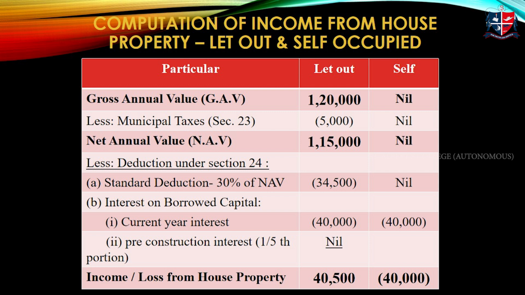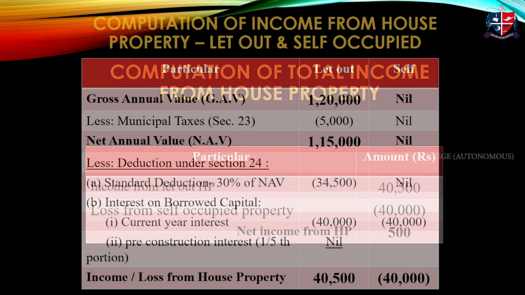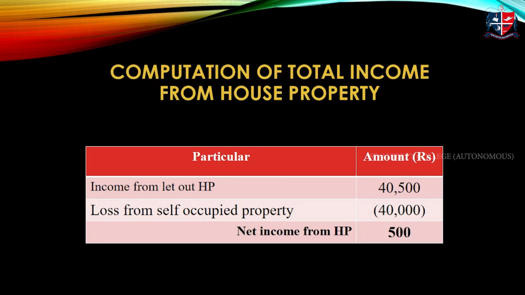The negative figure denotes that there is a loss. So from the same property we are getting income and loss. So we have to set off this loss with the income in the final calculation. This is the procedure. I have already said that we are getting income from let out property and there is a loss from self-occupied property.